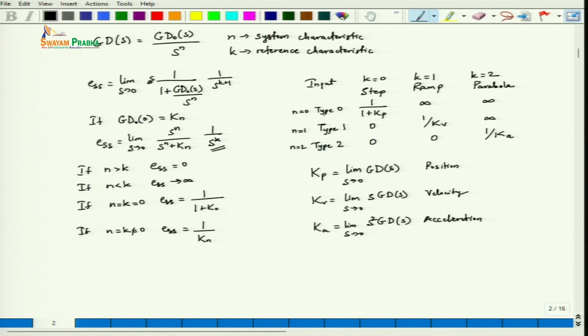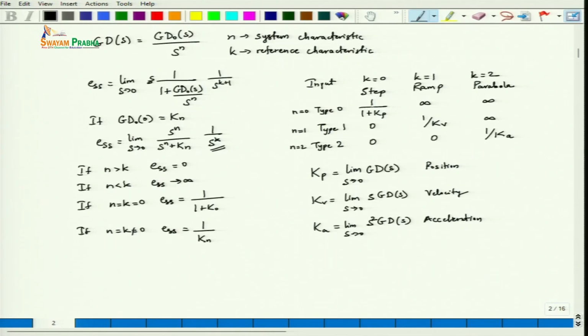That represents a type 0 system. In that scenario, if a type 0 system is tracking a step reference, then the error will be 1 divided by 1 plus kp, and kp is given by this expression.